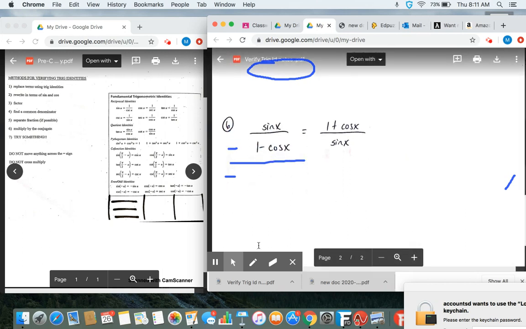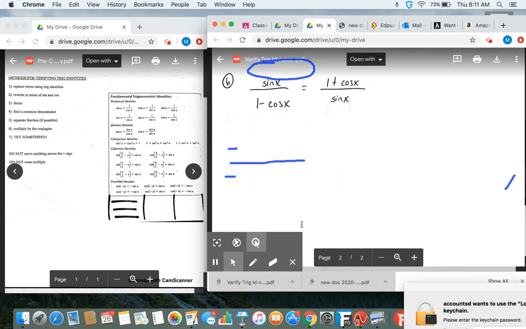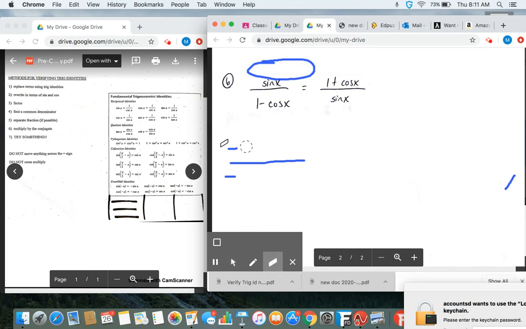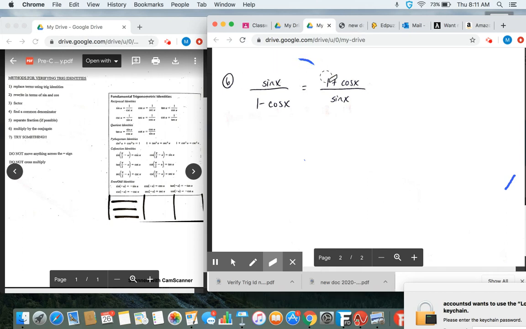All right, our next example here involves a new method. If you look on the left-hand side of your screen, what we have done so far, we've factored, we found the common denominator, we did that the other day. We've talked about separating the fraction. What we have not got to was multiply by the conjugate, and that's going to happen here.